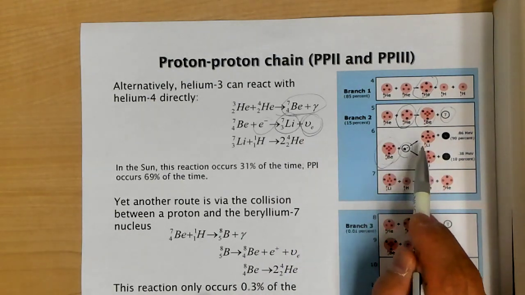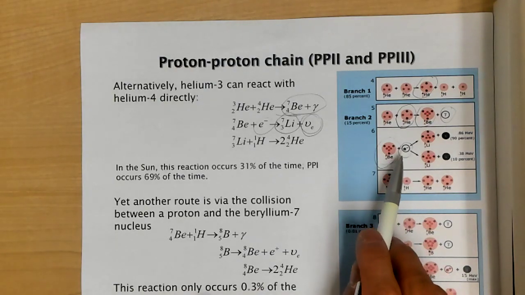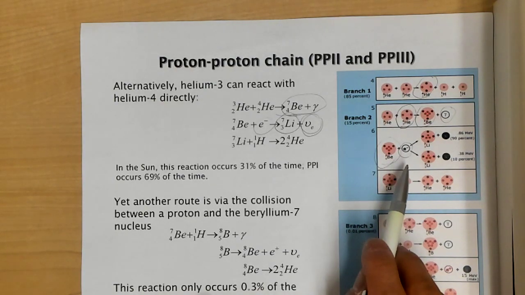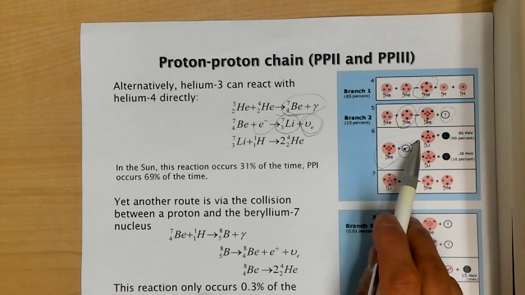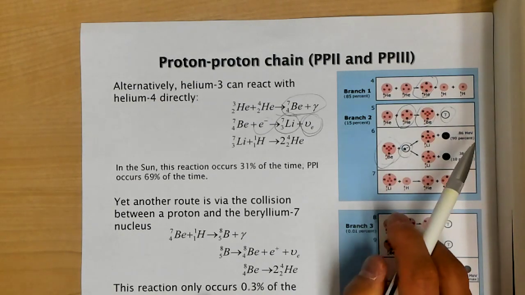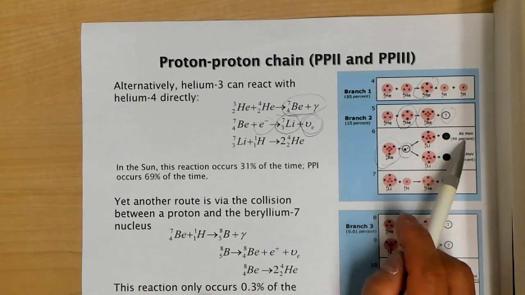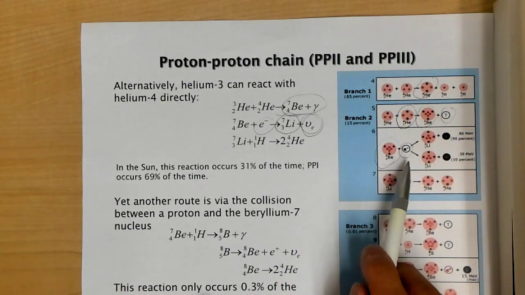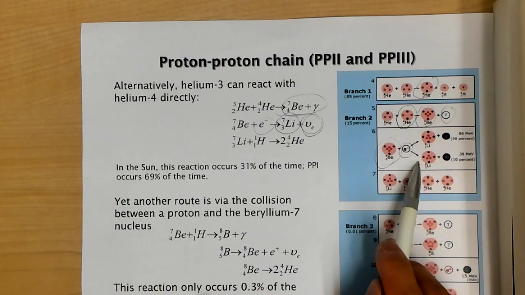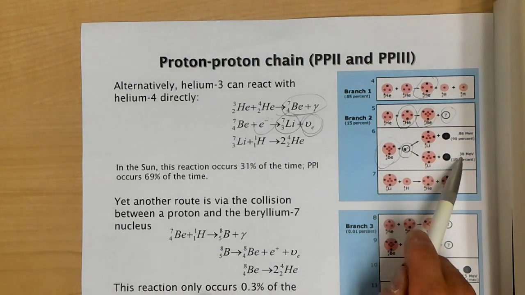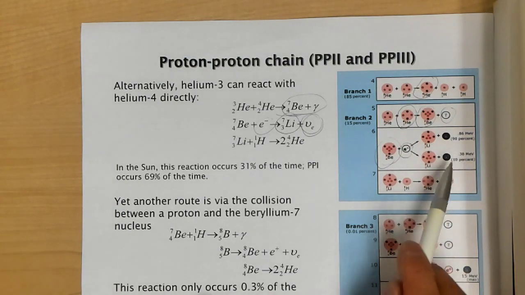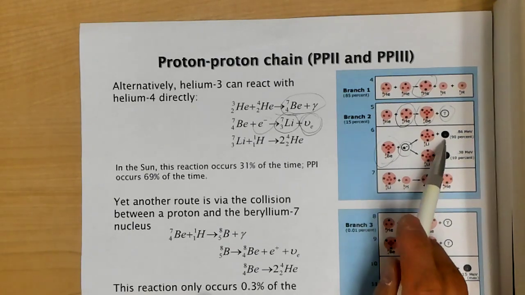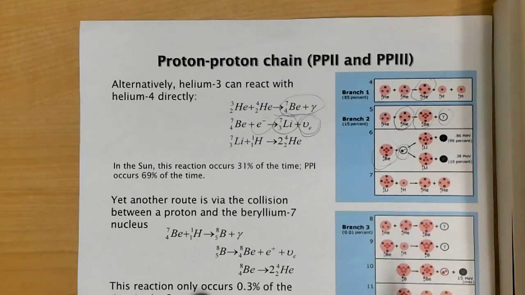Now, this process actually can occur two different ways. You can either go to the ground state of lithium-7, which would have a release of energy, and this is the most probable branch, of 0.86 MeV, or you can go to an excited state of lithium-7, which would release 0.38 MeV, which would be only about 10% of the time.